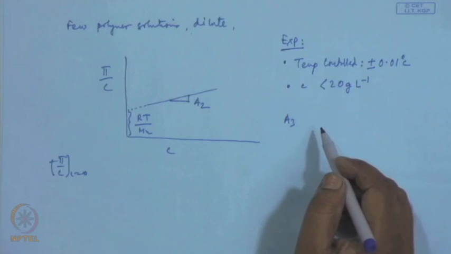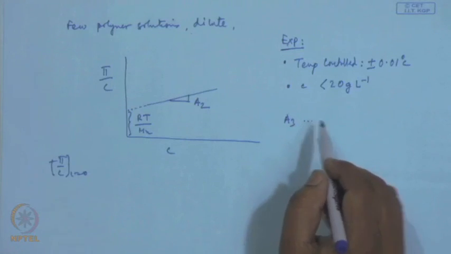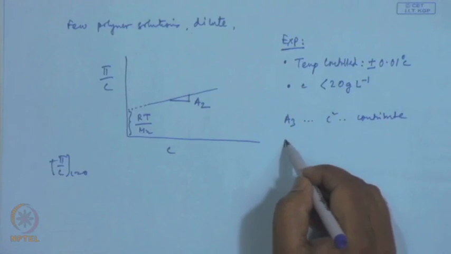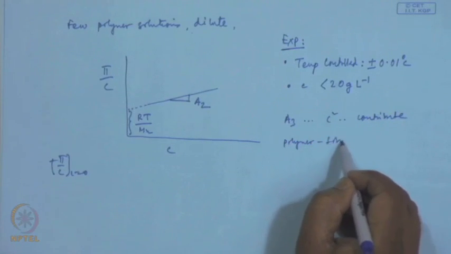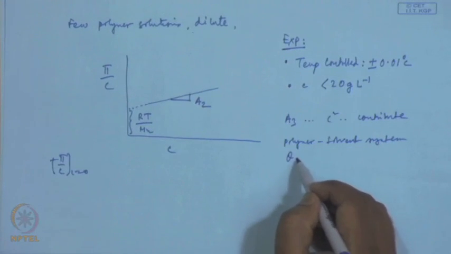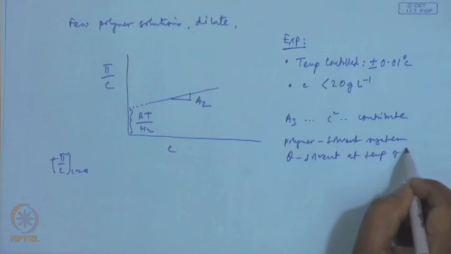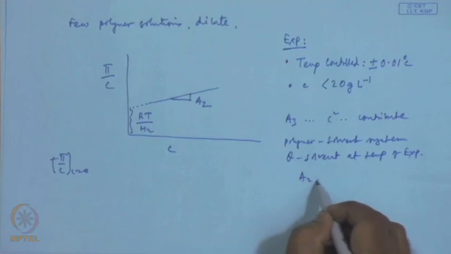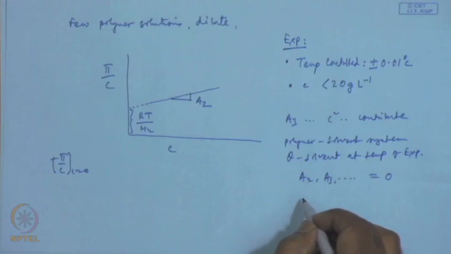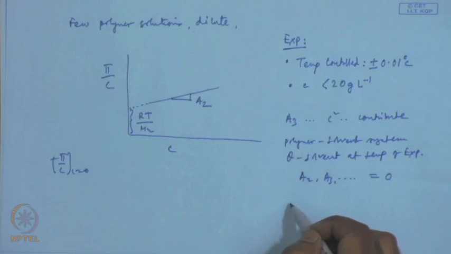And if the polymer-solvent system is a theta solvent at the temperature of the experiment, then A2, A3 will all become 0, which means the osmotic pressure by C will be concentration independent.